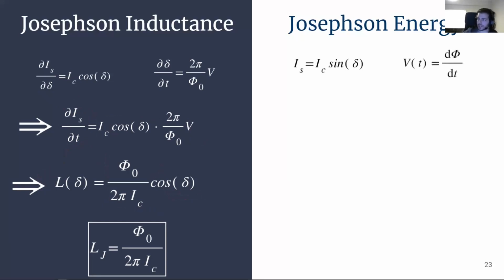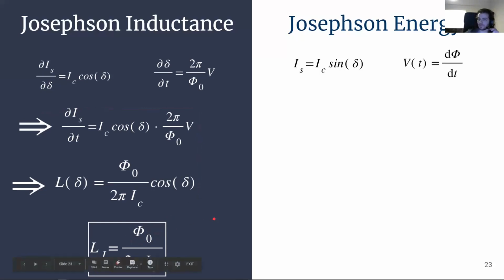And to define Josephson energy, we will use DC voltage. Maybe before going further, since these are constants and IC doesn't change much, the magnitude of a typical Josephson inductance is between 1 to 10 nanohenry. Okay, so now similarly, we will calculate the Josephson energy.